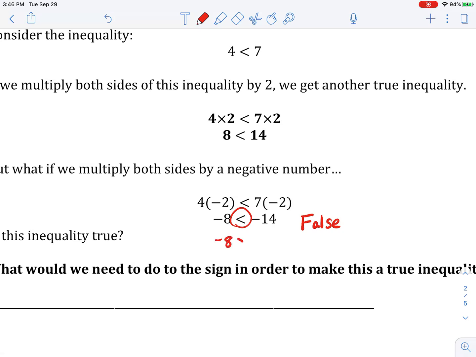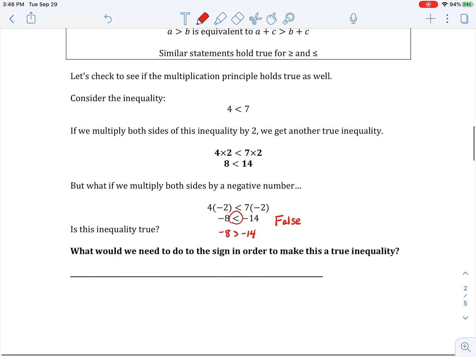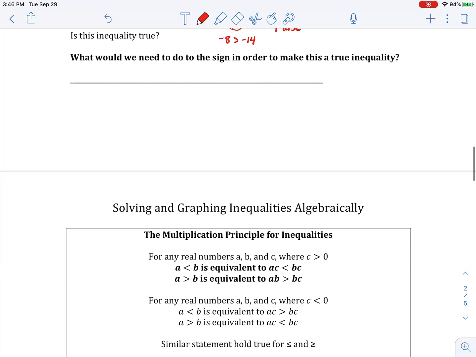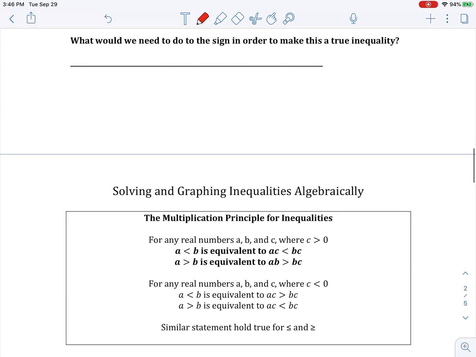We switch the inequality symbol around. This is going to be true anytime you're multiplying or dividing by a negative number. What would we need to do to the sign in order to make this inequality true? Well, we would need to switch it around, right? Which brings us to the multiplication principle.